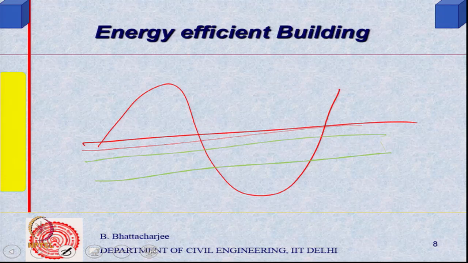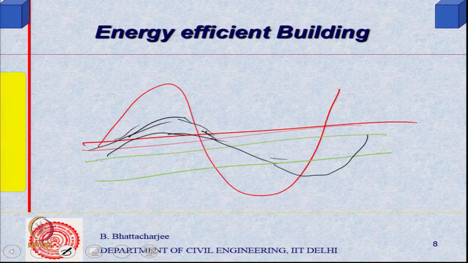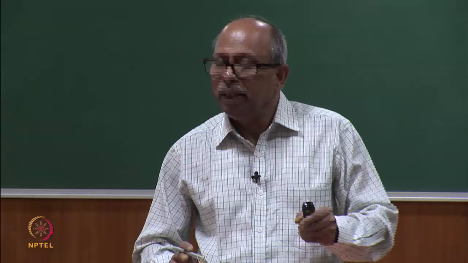So, by doing proper passive design, you can bring down this perturbation, might change their phase and all that, so that you are somewhat close to your comfort zone. The green one is the comfort range that you desire, and this might vary.